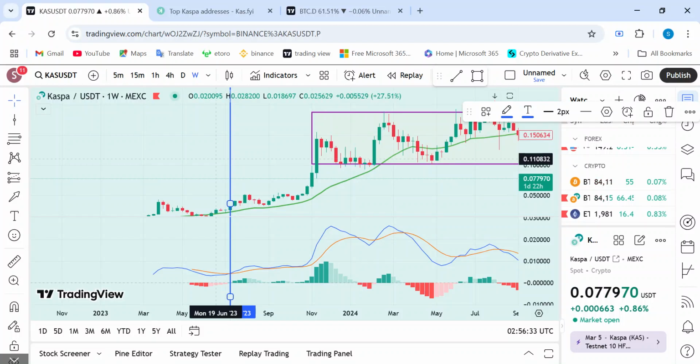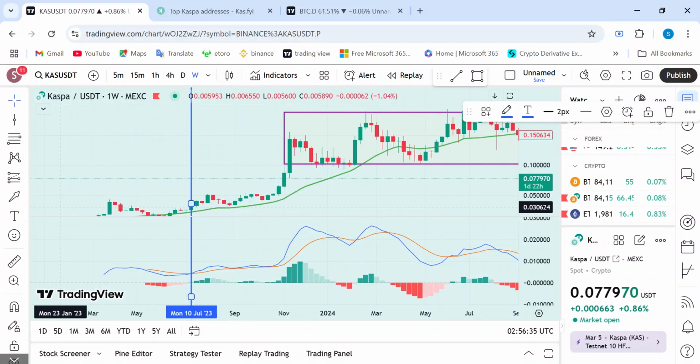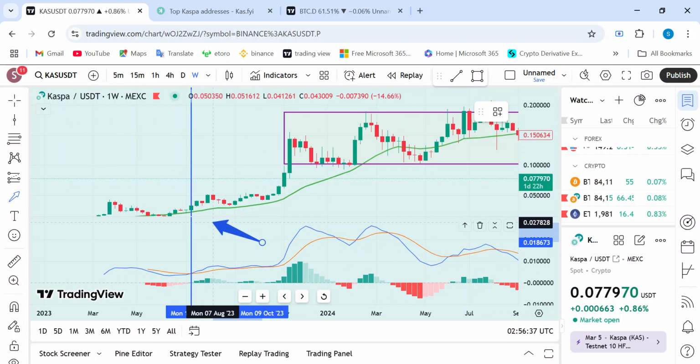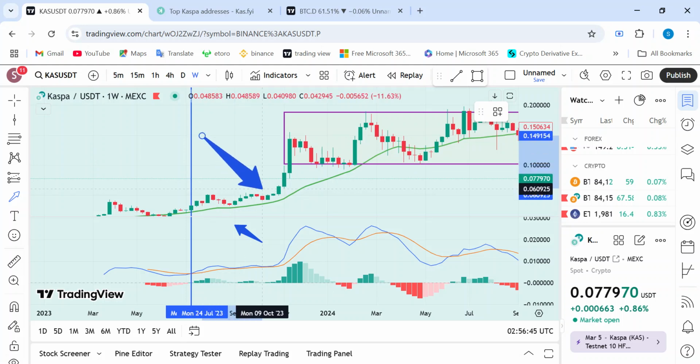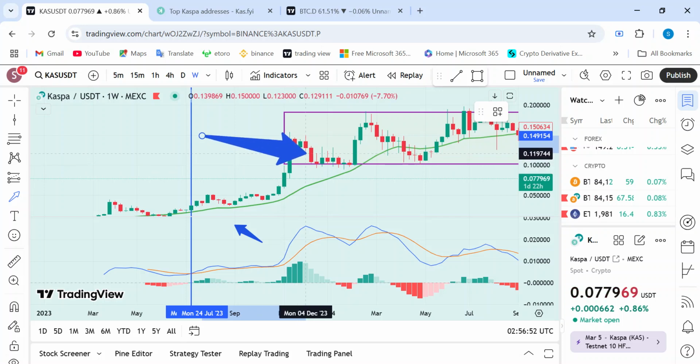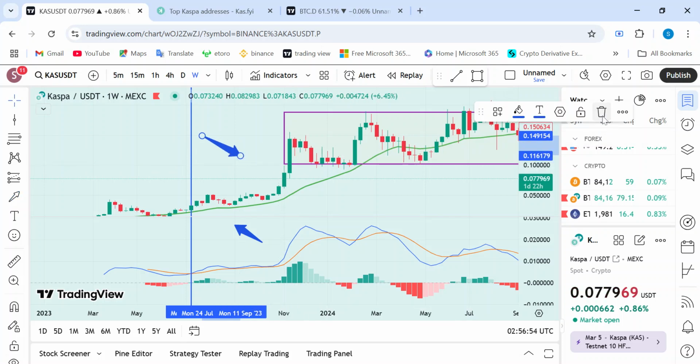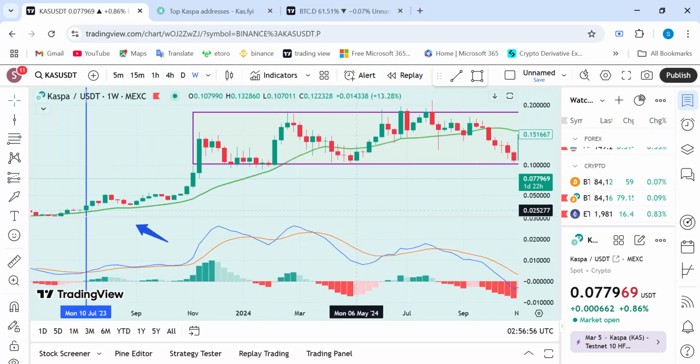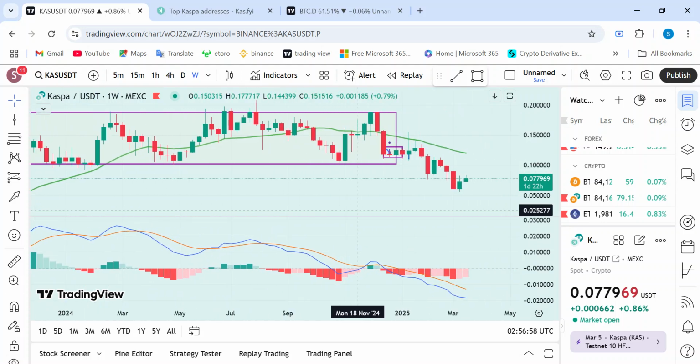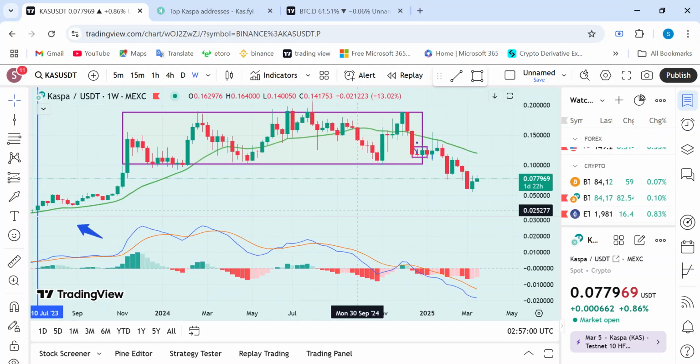But KASPA, however, started its upward momentum when Bitcoin dominance was going higher. Here. As Bitcoin dominance kept going higher, this is a KASPA chart, guys, KASPA also went higher. So it didn't matter for KASPA if Bitcoin dominance was high or low. KASPA did what KASPA wants.